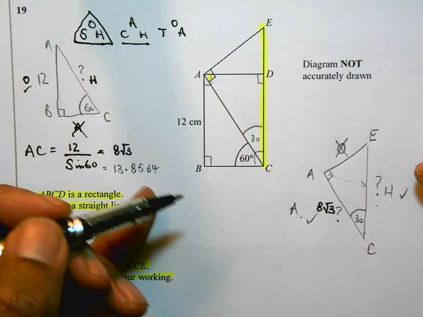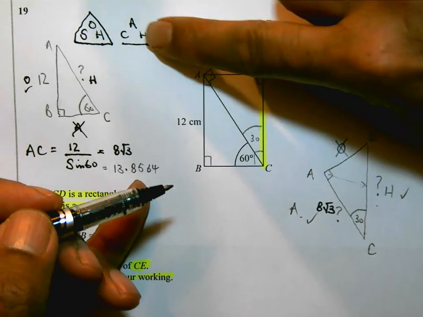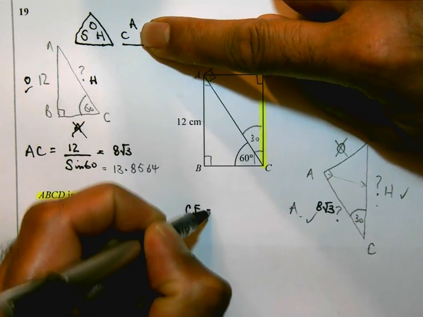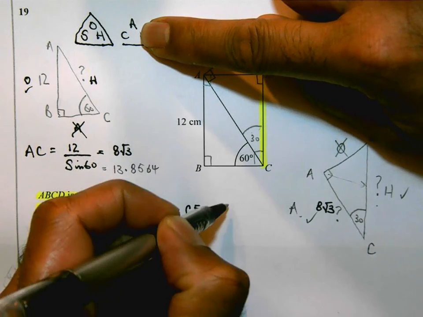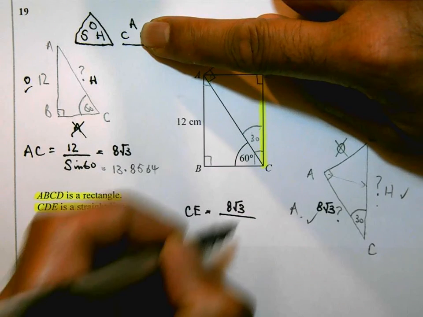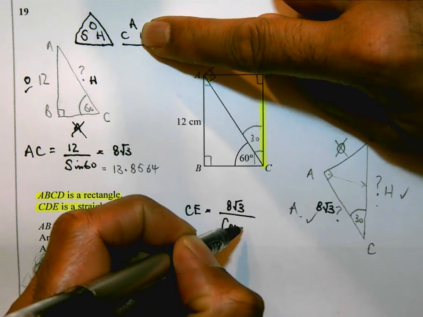And so CE is going to be adjacent, which is 8 root 3, or you could have written out the whole decimal number, over cos of 30. I just need to work out what that is going to be.